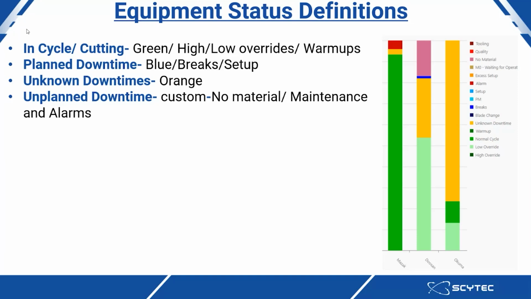So once again, everything in DataXchange is 100% user-defined and configurable. You can change around these colors to whatever you would like, and you can change around the machine statuses for something that is indicative of what your shop floor needs to represent. As I said, the goal with DataXchange is to make the data meaningful to your shop floor as well as to your shop floor issues that you are looking to solve.